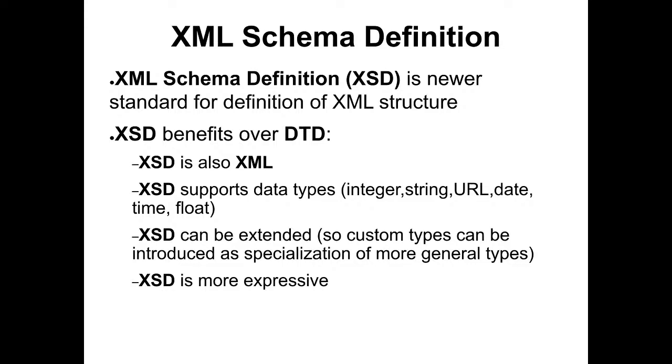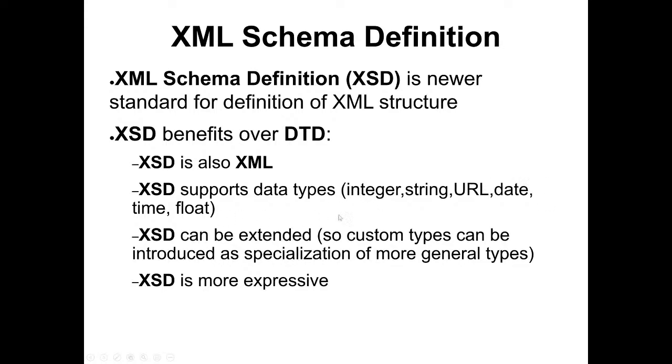And one more thing is that, as you remember, in JSON the numeric value is the same for integers and floats, but in XML these types are different.